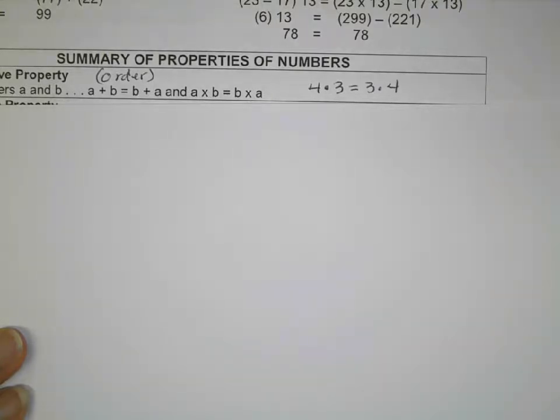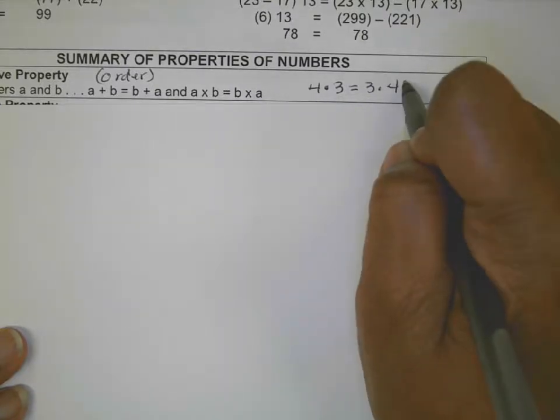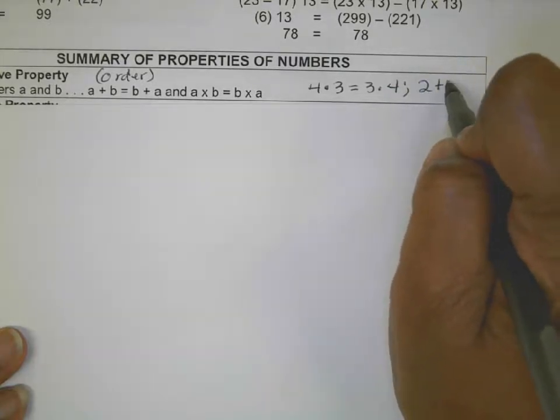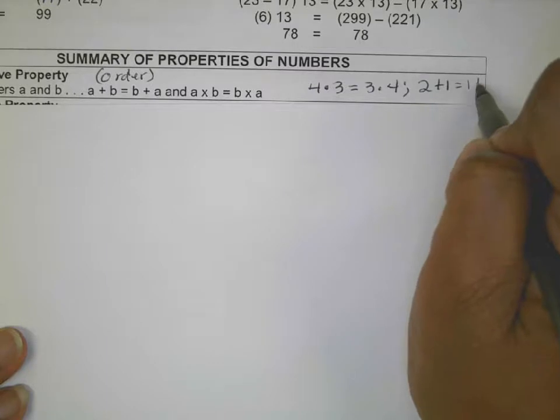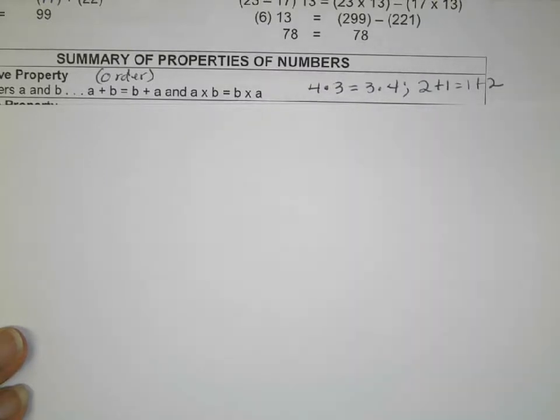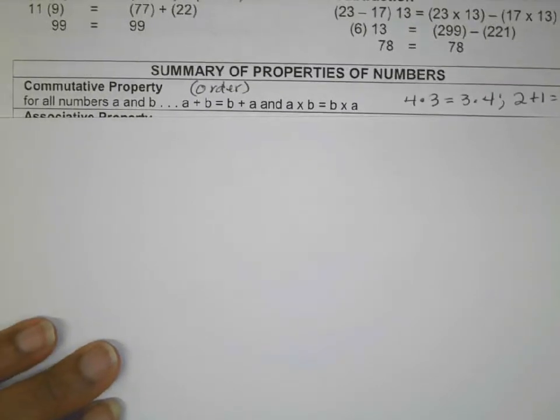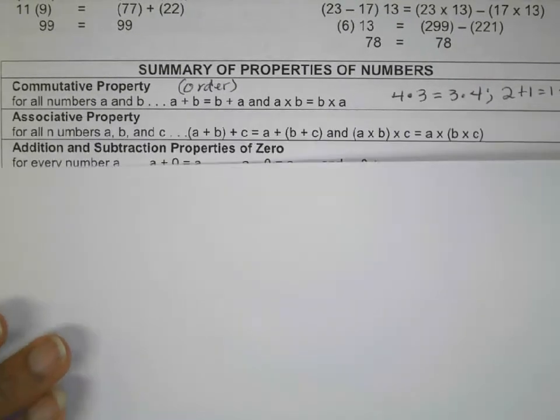And anytime you see where the order is changed, that's the commutative property. An example with addition would be 2 plus 1 is equal to 1 plus 2. Both of those equal 3. So that's what they mean by commutative property.